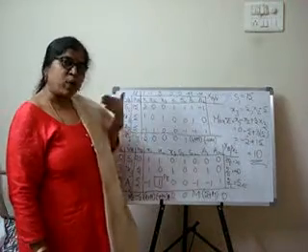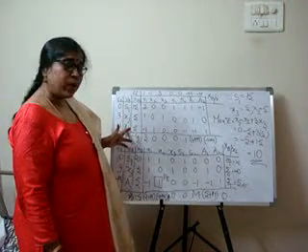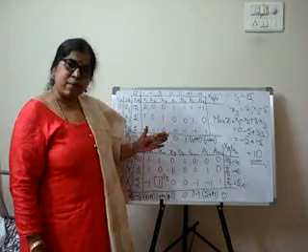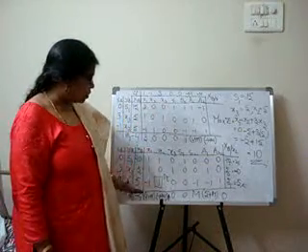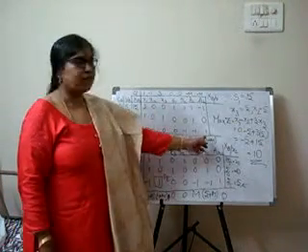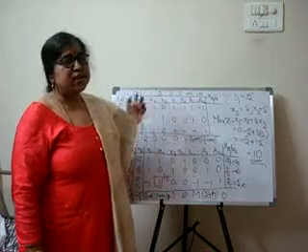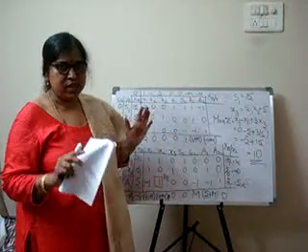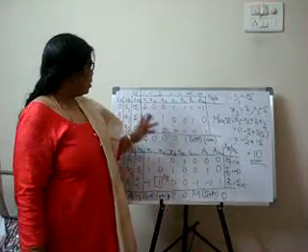And in one more iteration, S3 went off and x2 entered into the basis. In the same way, in the third iteration we got all positive values. If we get our Zj minus Cj all positive, we will stop there.